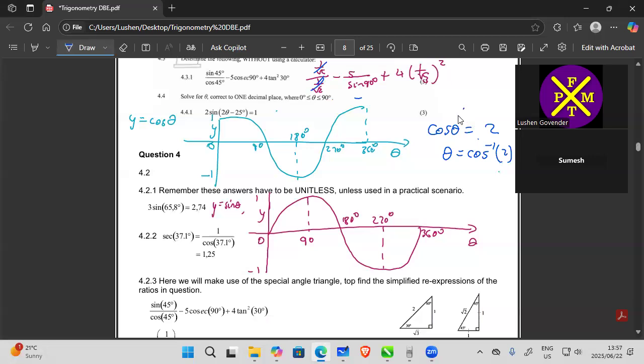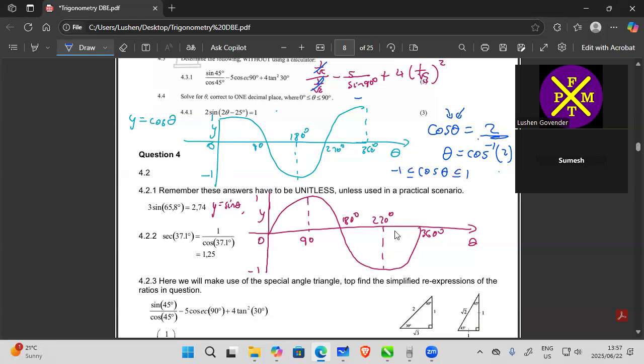There is no imaginable theta value that I can input in here such that I'll output a y value that is 2, because the cos function oscillates between 1 and minus 1. Do you see that, Sumesh? That's the extreme, the upper extreme. It cannot go beyond that. Do you understand? That's why this is impossible, right? So they can give you this question to solve for theta. Then you must say that cos of theta, the same as y, lies between minus 1 and 1.